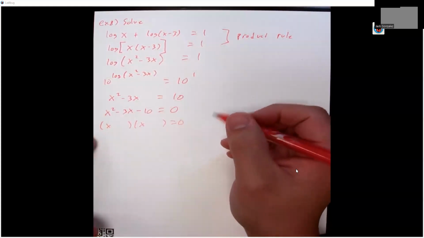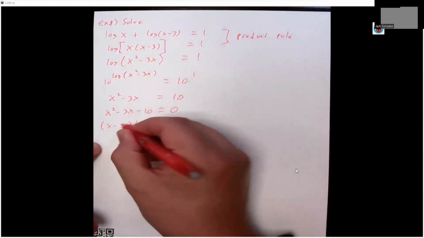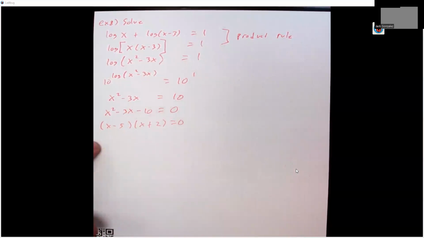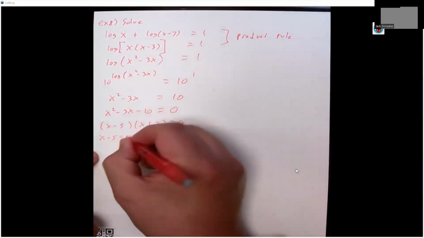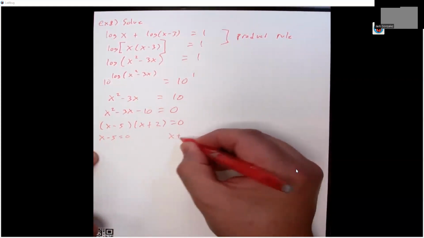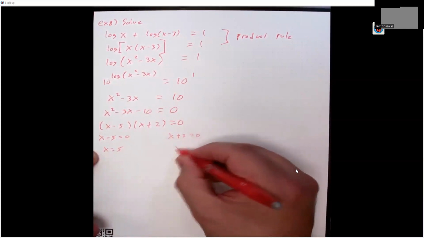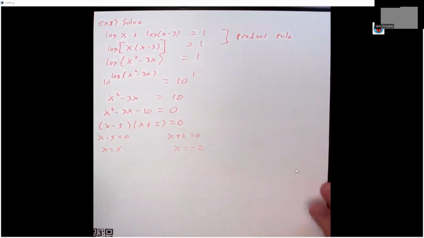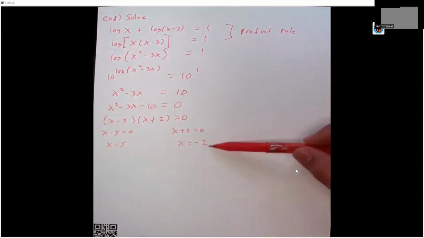So factors of -10 to add up to -3. Okay. Can I use -2?